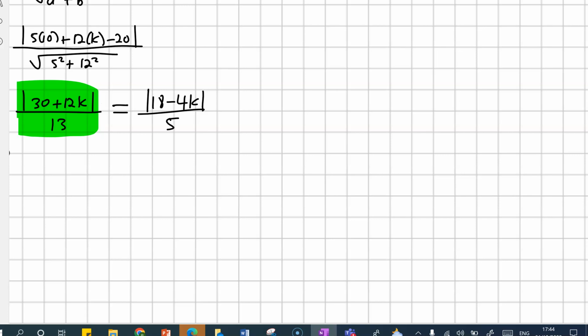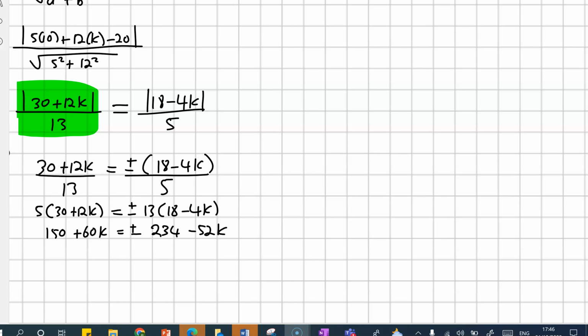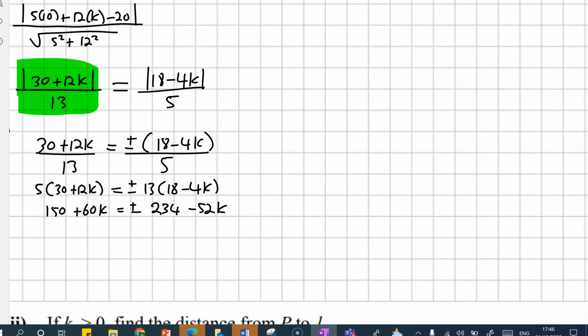So I can say (30 plus 12k) over 13 is equal both to the positive and negative of this absolute value, and I change my brackets to rounded brackets there, all over 5. So what we'll do is cross multiply our 5 and our 13, and then we'll see what we have. When we cross multiply, our 5 multiplies in the left, 13 multiplies in the right, and we get 150 plus 60k is equal to plus and minus (234 minus 52k).